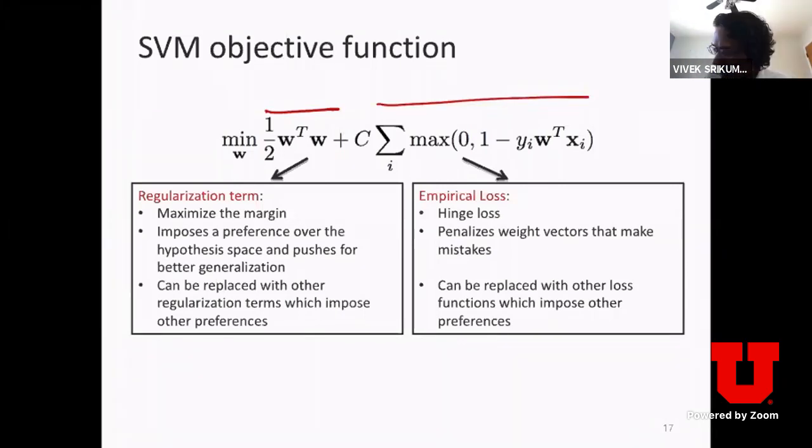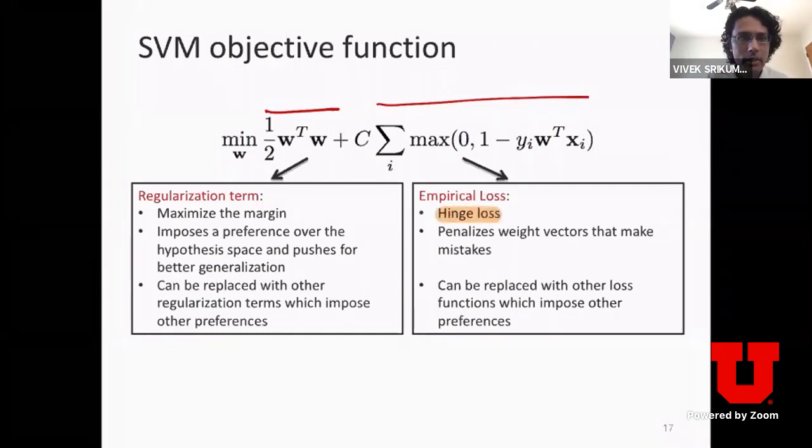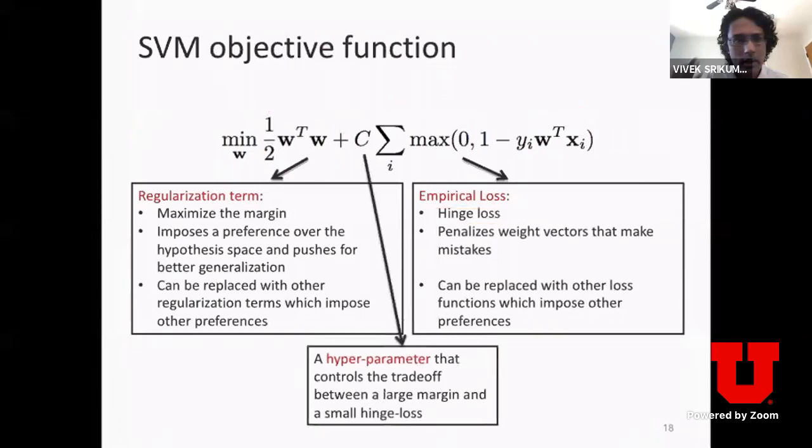On the loss side of things, you have the hinge loss. It penalizes weight vectors that make mistakes, and it also penalizes weight vectors that put examples too close to the margin. It can be replaced with other loss functions that impose other preferences. Between these two, balancing these two things, is a hyperparameter C that controls this preference between a larger margin and a smaller loss.